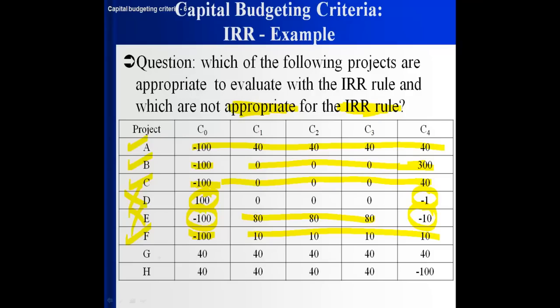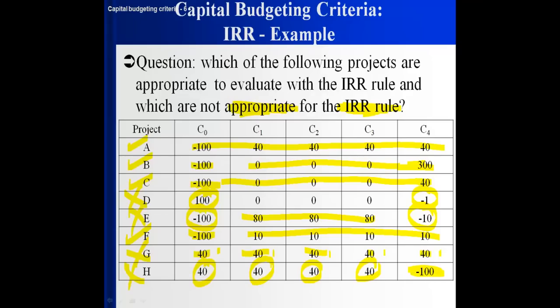How about G? Positive, positive, positive, positive, positive. Can't use IRR. Great project. Who would not want to get $40 every year for 5 years at 0, 1, 2, 3, and 4? Just can't use IRR to tell you that. And finally, project H is a no because you've got a bunch of positives followed by a negative.